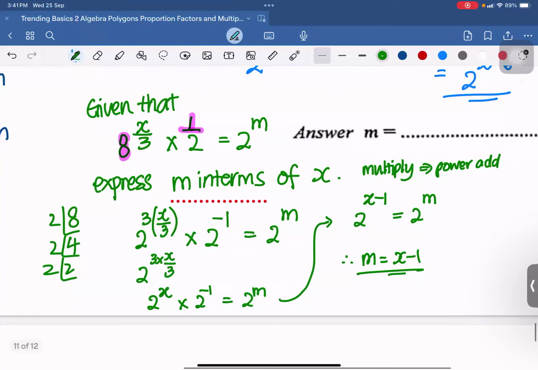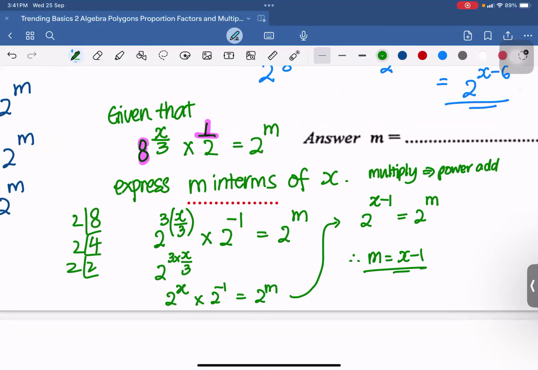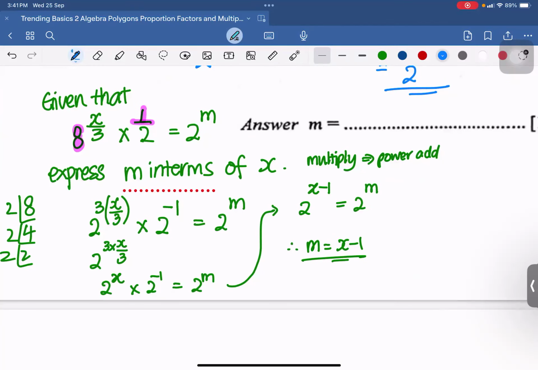Okay, one half becomes 2 to the power of negative 1. This is in the index property form: anything to the power of negative 1 is 1 over a.